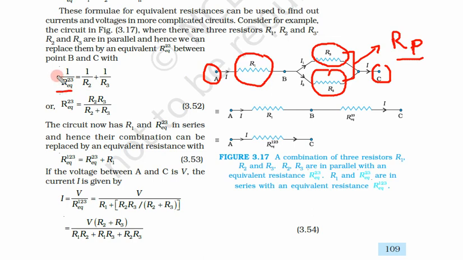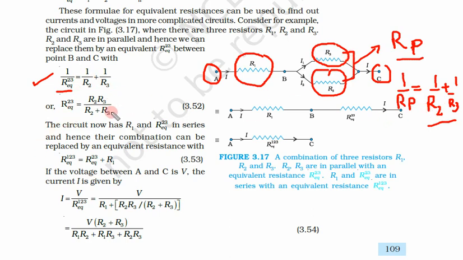They have shown Rp as R equivalent 2, 3. So R equivalent 2, 3 is 1 upon R2 plus 1 upon R3. Same here, 1 upon Rp is equal to 1 upon R2 plus 1 upon R3. So this is Rp, the parallel resistance.